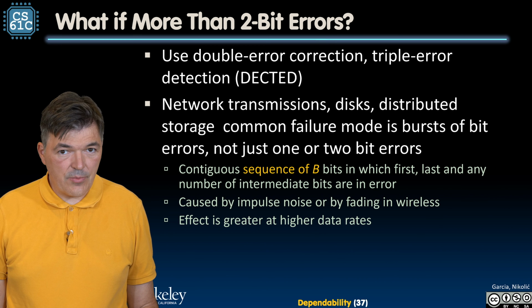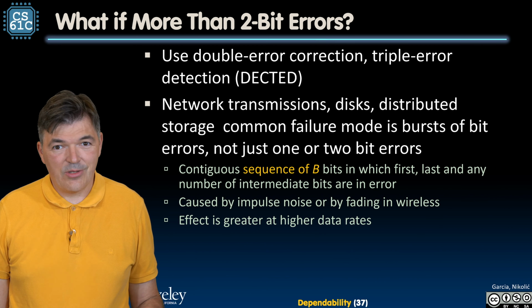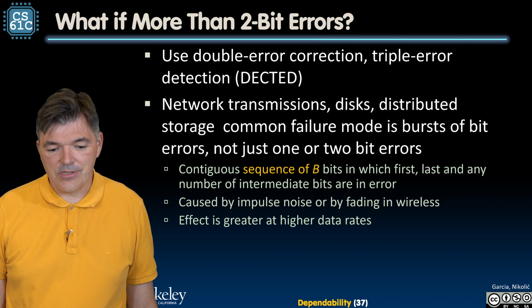But some of the server processors that are working with more valuable workloads are going to have protection to perform correction on 2 bits. So there is a different type of Hamming code that is called double error correction, triple error detection, or DECTED. We're not going to go into it. And there are plenty of references on that.